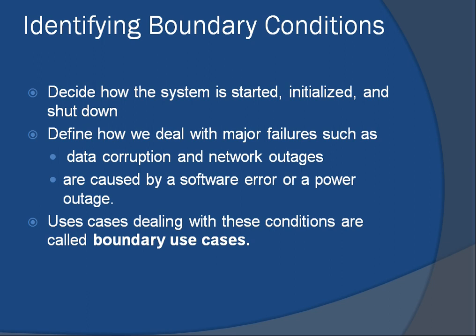In order to decide these policies, we further have to define how to deal with major failures, such as data corruption or network outages caused by a software error or a power outage. We also need to state here the use cases that deal with these conditions, which we call the boundary use cases.